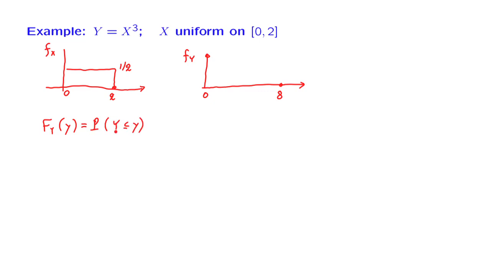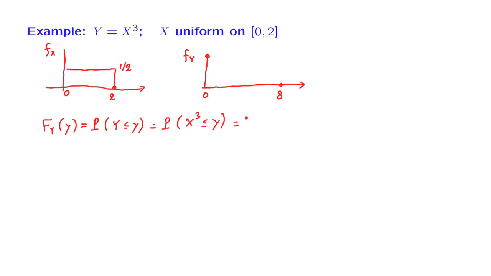And since y is a specific function of x, we replace that functional form and we write it this way. So we want to calculate the probability that x cubed is less than or equal to a certain number y. Let us take cubic roots of both sides of this inequality.